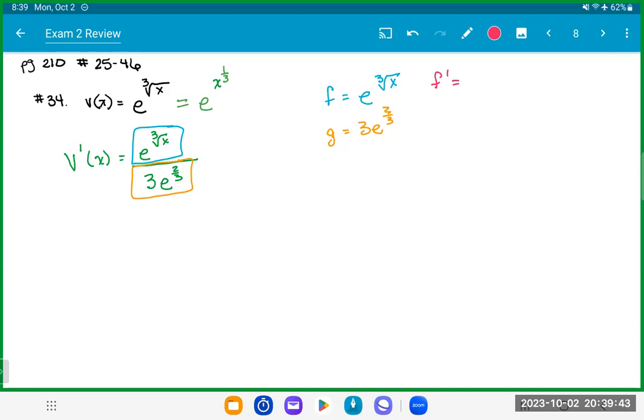So our f prime then is going to be e to the cubed root of x over 3x to the 2/3. And our g prime is going to be 2 over 3x to the 1/3. And so that's really just using our rules of derivatives for each of those pieces. Okay.